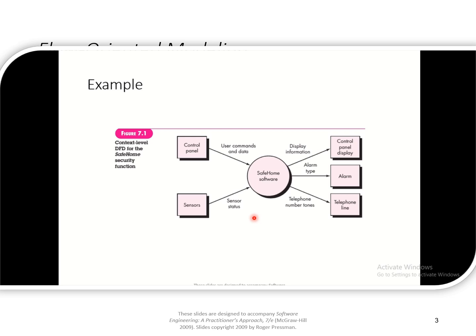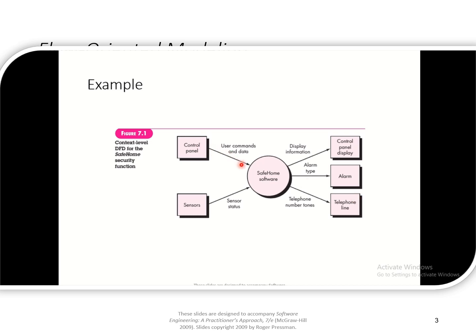So we are taking examples of DFD from the Pressman book, of the SafeHome security system. This is the level 0 diagram, or you can say the context level diagram, in which you show the system as a single bubble indicating the name of the system, SafeHome software, and these are the input entities and these are the output external entities.